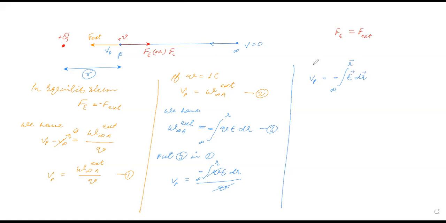This is your equation of potential at point P, or you can say this is your value of potential at point P while transporting a charge from infinity to this point P. Are you okay or not? Yes, sir. I think it is very clear. Note it down, please.